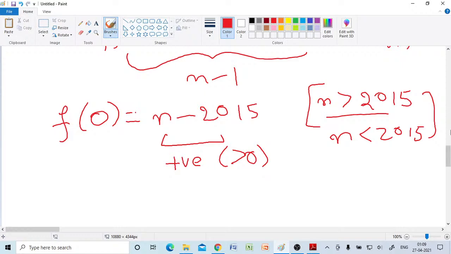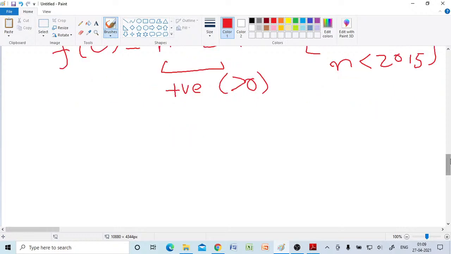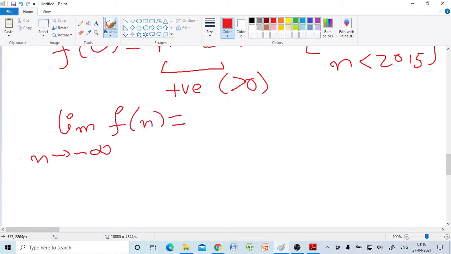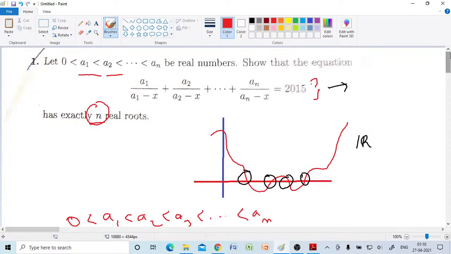Note that if we take the limit as x tends to negative infinity, what do we get? Let's have a look. Here we can see that the entire x term is in the denominator.